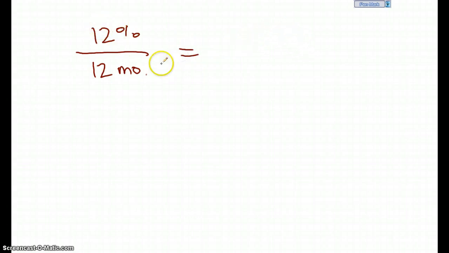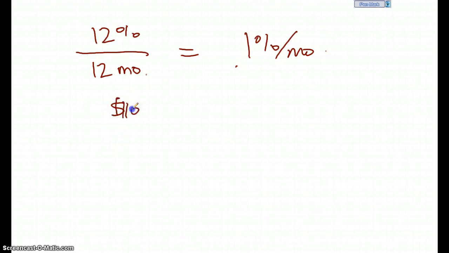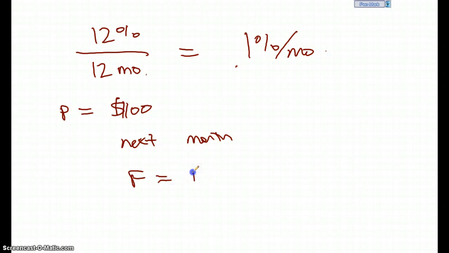They would say, well, 12% over 12 months means we'll pay you 1% per 1 month. And so basically, they'll pay you interest on a monthly basis. So if you put in $100 as your principal or present value, well, next month your future value would be 100 times the monthly rate.